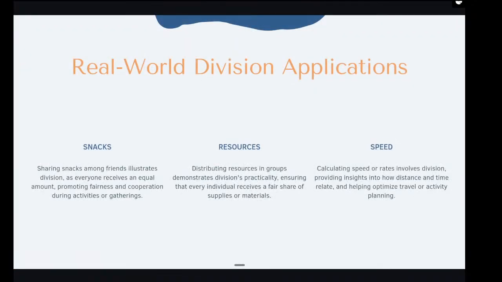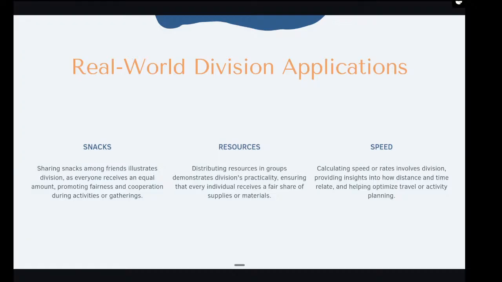Real-world division applications. Snacks. Sharing snacks among friends illustrates division as everyone receives an equal amount, promoting fairness and cooperation during activities or gatherings. Resources.